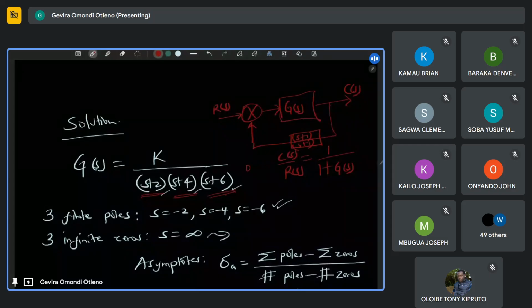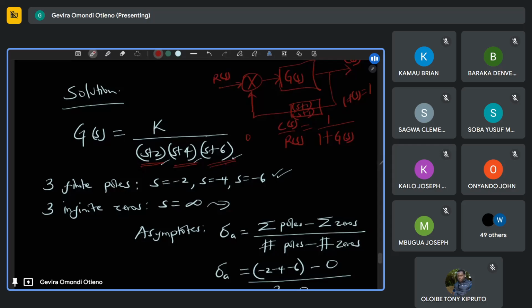Okay? But because H of S is 1, it's a unity feedback system, the number of closed loop poles is just equal to the number of open loop poles. So that's just a hint on the side to let you know. But ideally speaking, ideally defining it, we should say that the number of branches in a root locus equals the number of closed loop poles of its transfer function, okay?